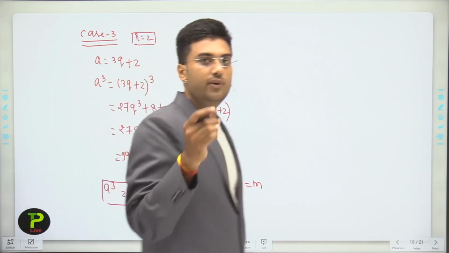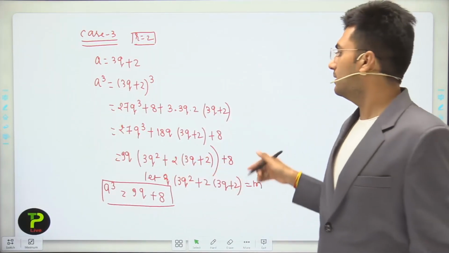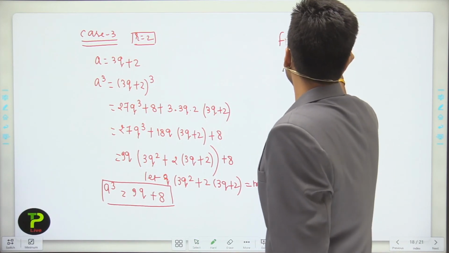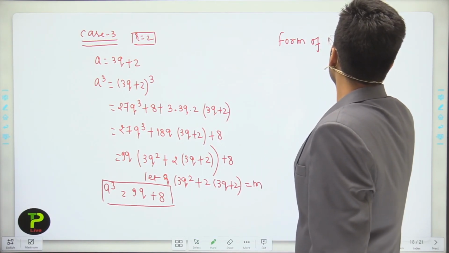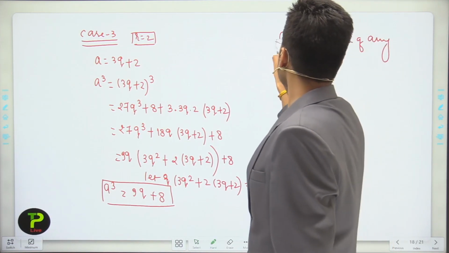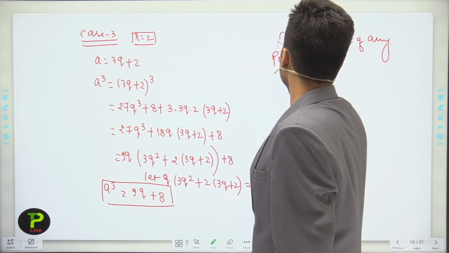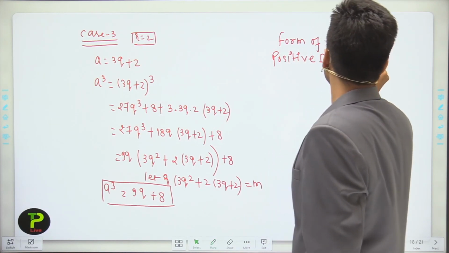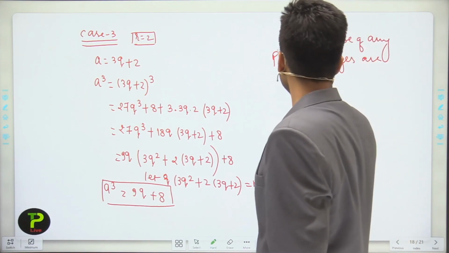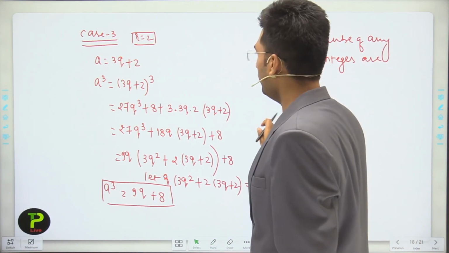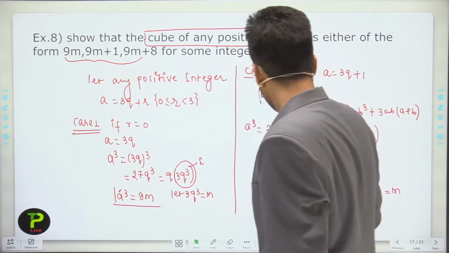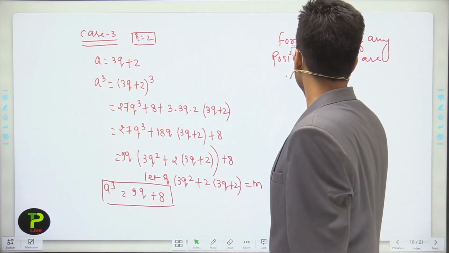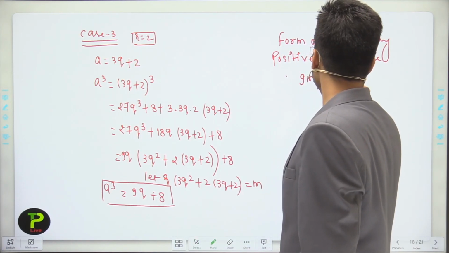So students, if we observe all the cases, then the cube of any positive integer can be in the form of 9m, 9m plus 1 or 9m plus 8.